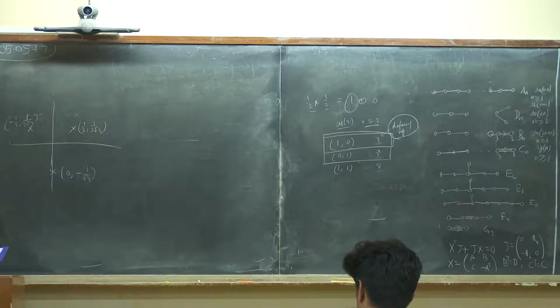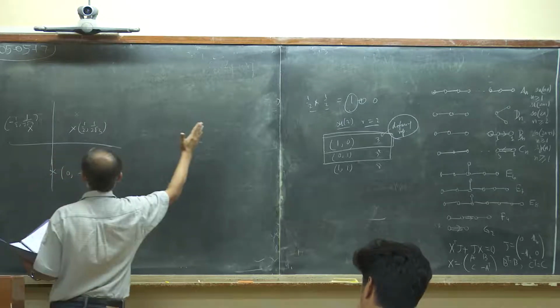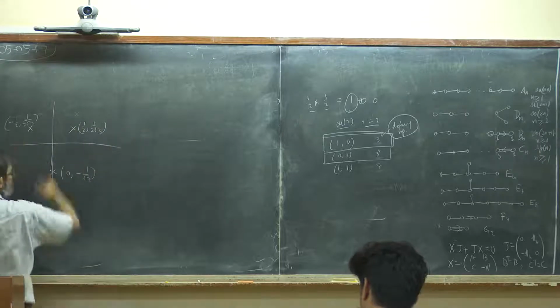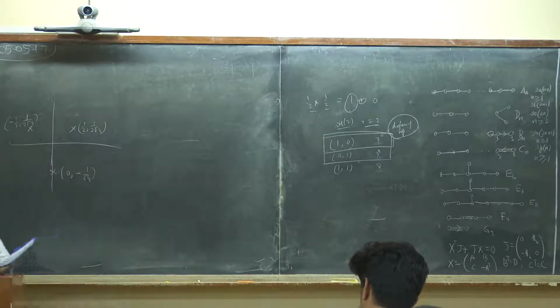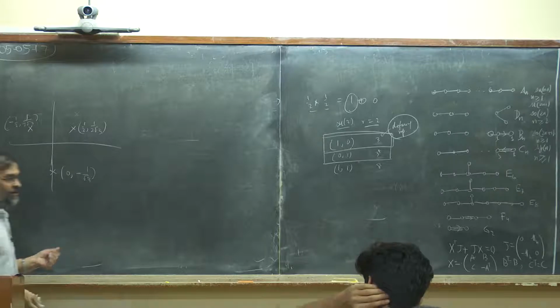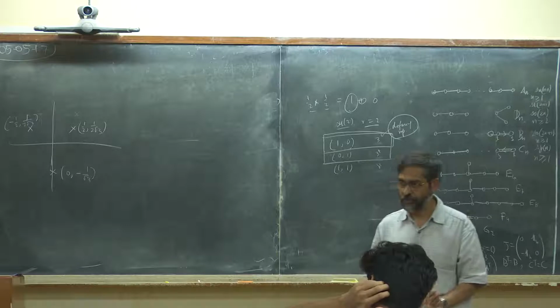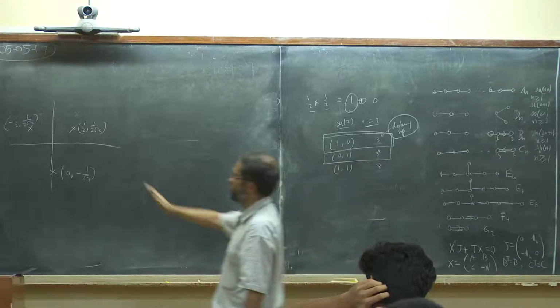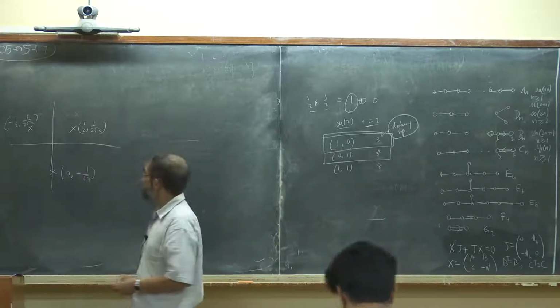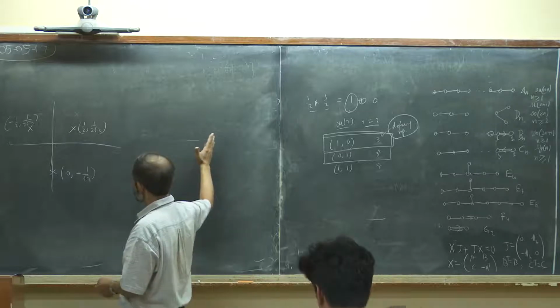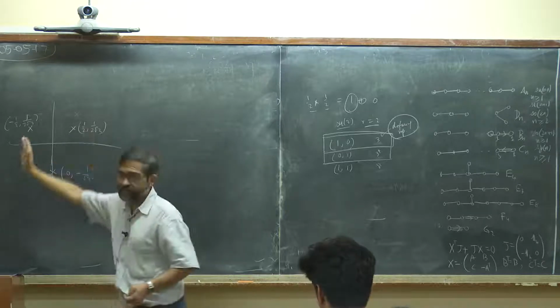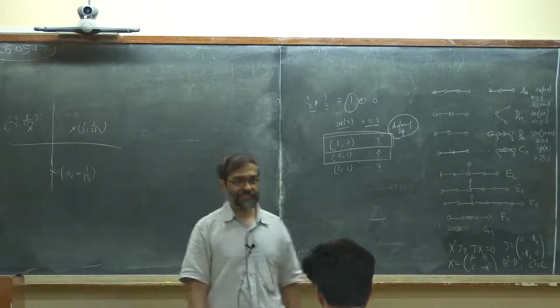Now, let us say that you are sweeping these weights. So what are weights? Weights label simultaneous eigenvectors of H1 and H2, and these are the eigenvalues. Suppose I am sweeping these weights starting from the right.